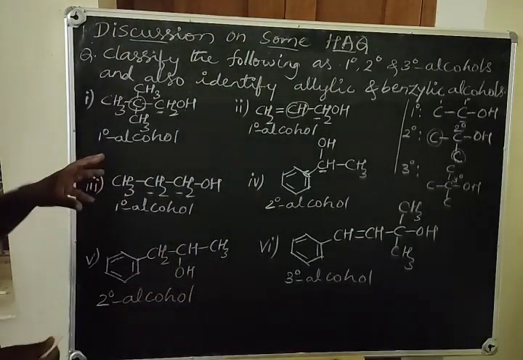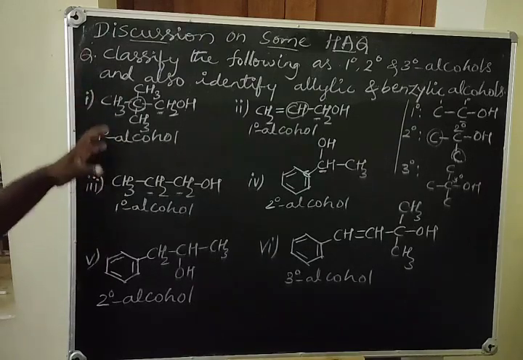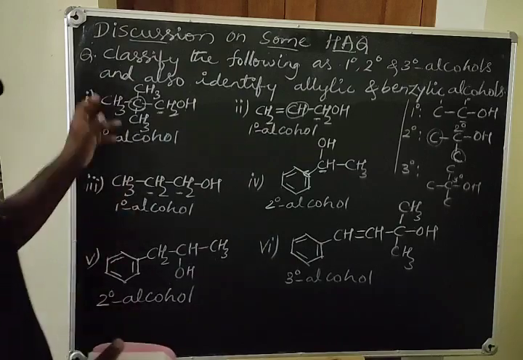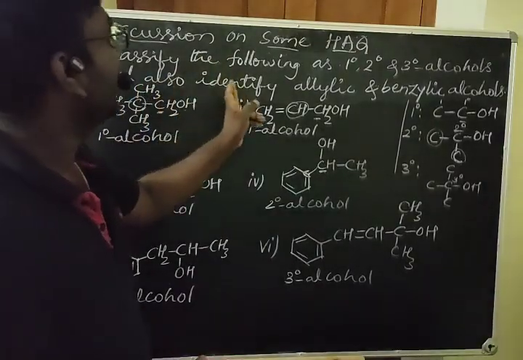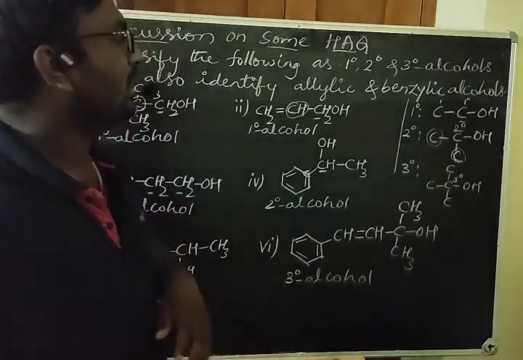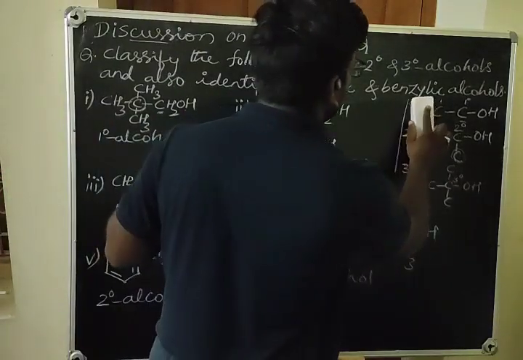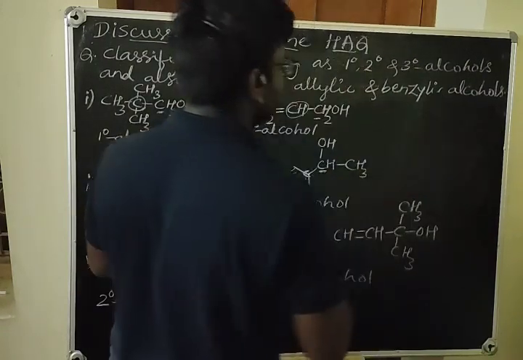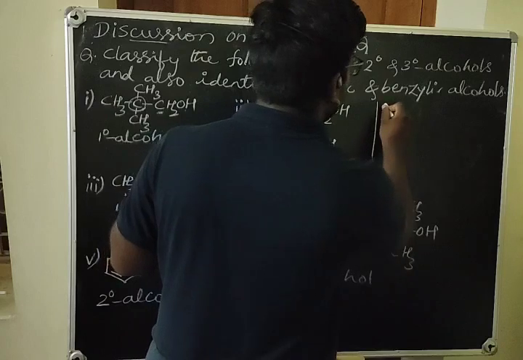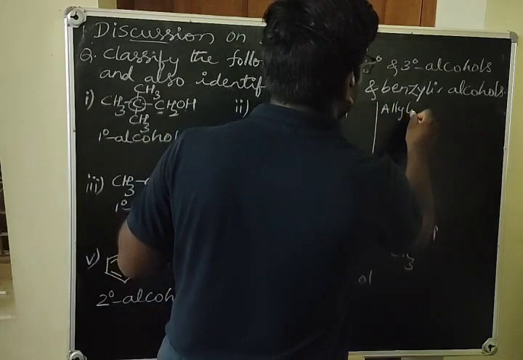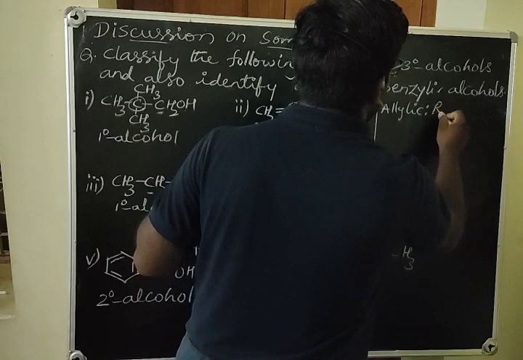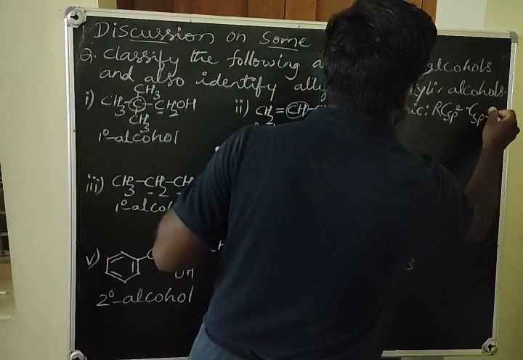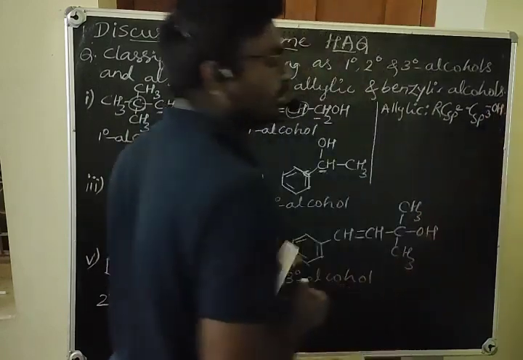So in this way we have to find out the primary, secondary and tertiary alcohols. The question also asks to identify the allylic and benzylic alcohols, so we shall recall what they are. Allylic alcohols must follow the sequence C=C-CsP3-OH, as I told you in the previous class.